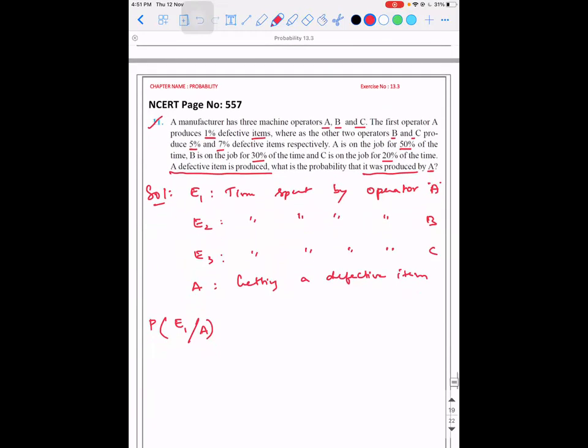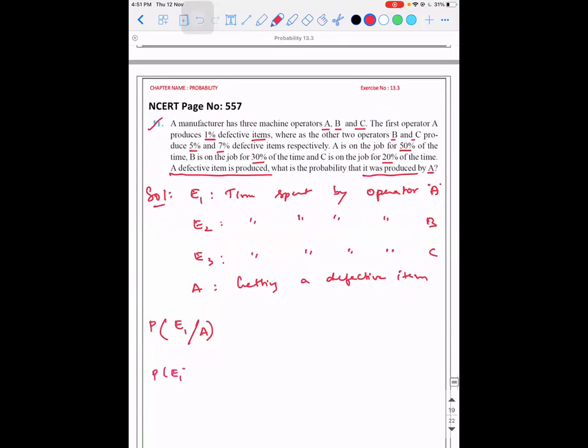For this, you need to know the probability of E1. So what is the probability of E1, guys? 50 by 100, that is 1 by 2. What is the probability of E2? 30 by 100. How much is it? 3 by 10.